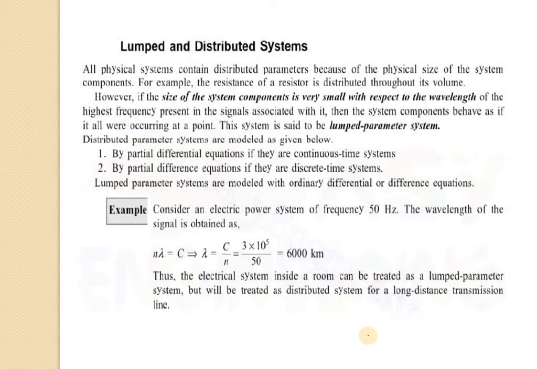Next one is lumped and distributed systems. All physical systems contain distributed parameters because of the physical size of the system components. For example, the resistance of a resistor is distributed throughout its volume.